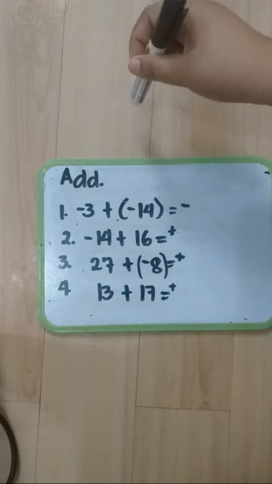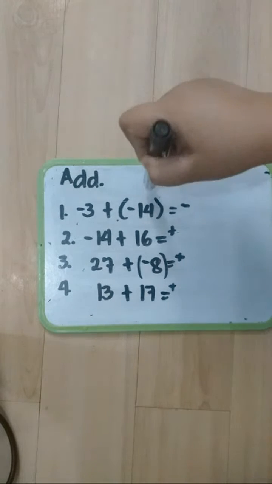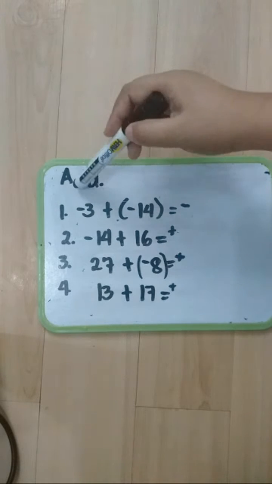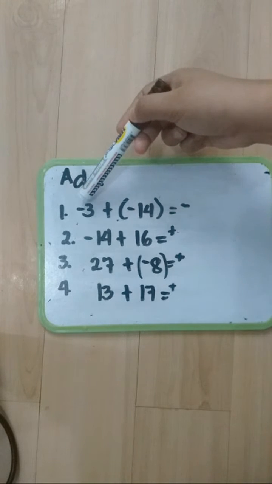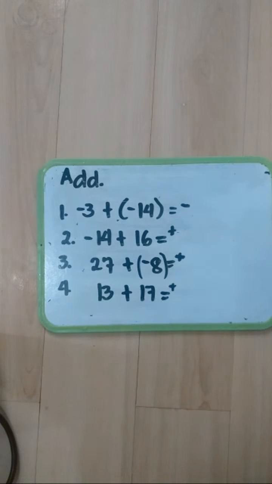The absolute value of negative 3 is positive 3. The absolute value of negative 14 is positive 14. So you have to add 3 plus 14. That is correct, 17.